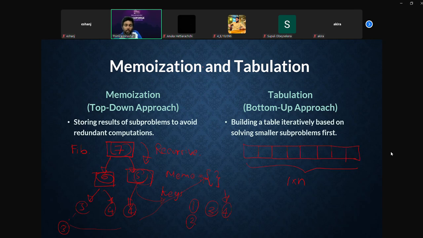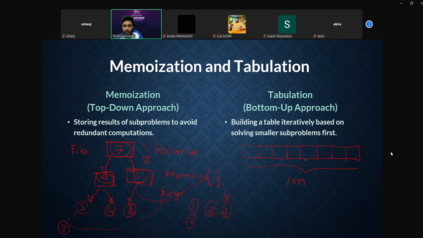I have a question. So I will discuss that as well. The question is how to make sure the memory limit does not exceed. I will discuss this question when we are discussing how to choose between the top-down approach and the bottom-up approach.